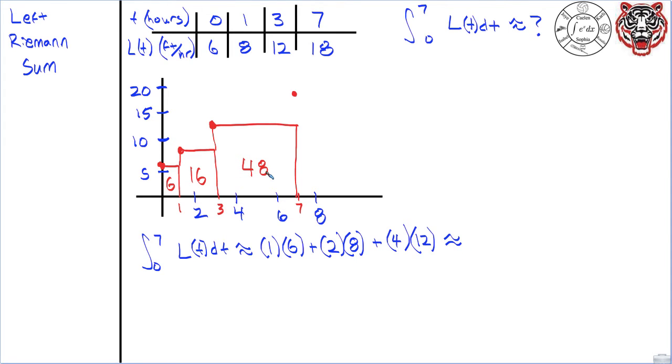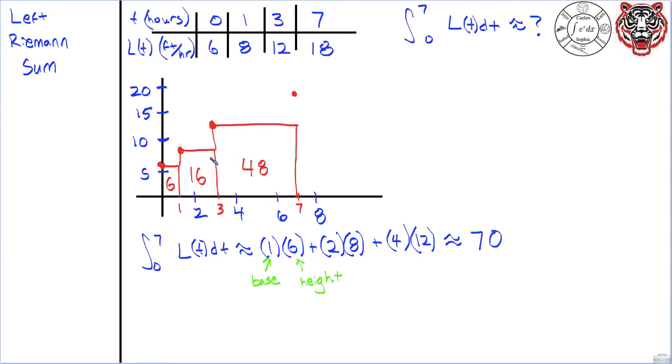So 6 plus 16 plus 48, that I think is 70. And if you want to make a note, all of these numbers, this is just the base times the height. All right, so we found an approximate area with the table data for a left Riemann sum.